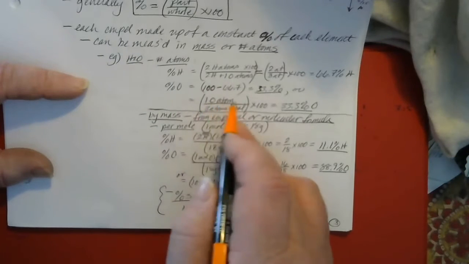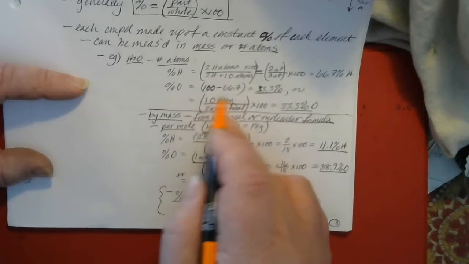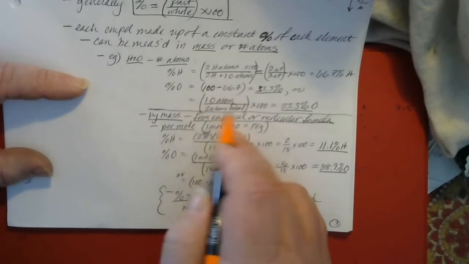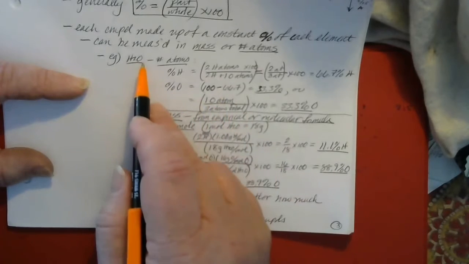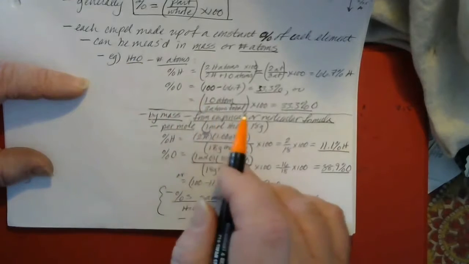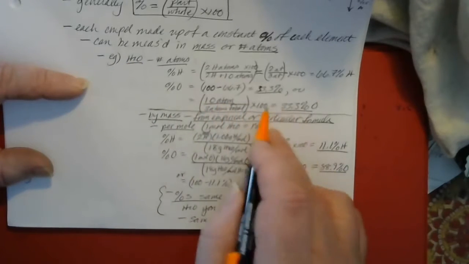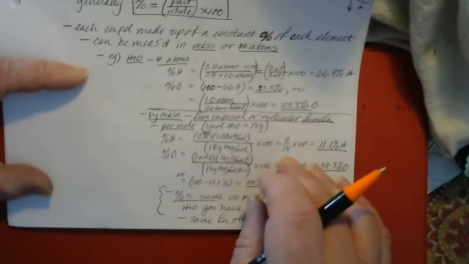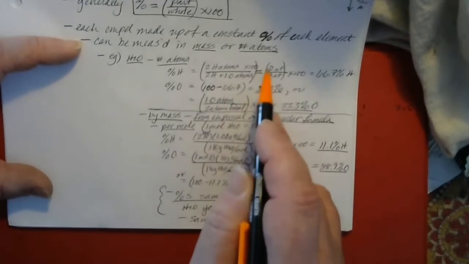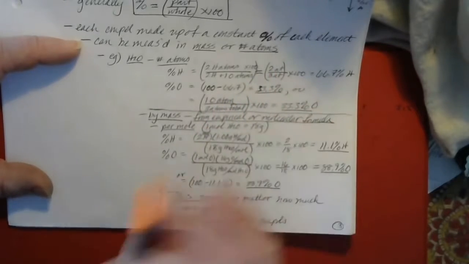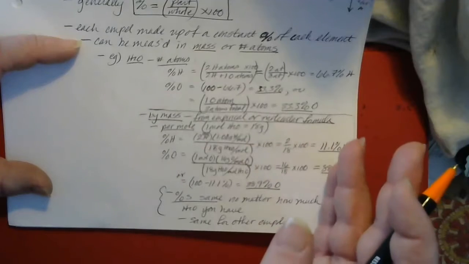Or you could do it the way we did with hydrogen. If you look at an H2O molecule, you have 1 oxygen atom. That's the part we're interested in if we want percentage oxygen, and there are 3 atoms total, the 1 oxygen atom and the 2 hydrogen atoms. That gives 1/3 times 100, which is 33.3%. And this will be true of water no matter how many molecules you have.